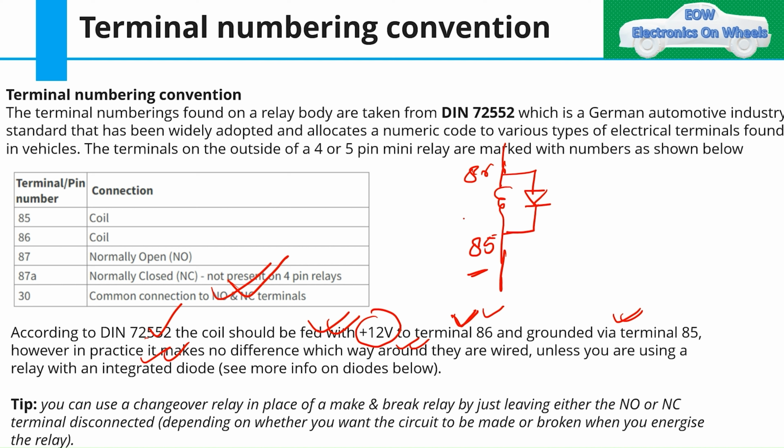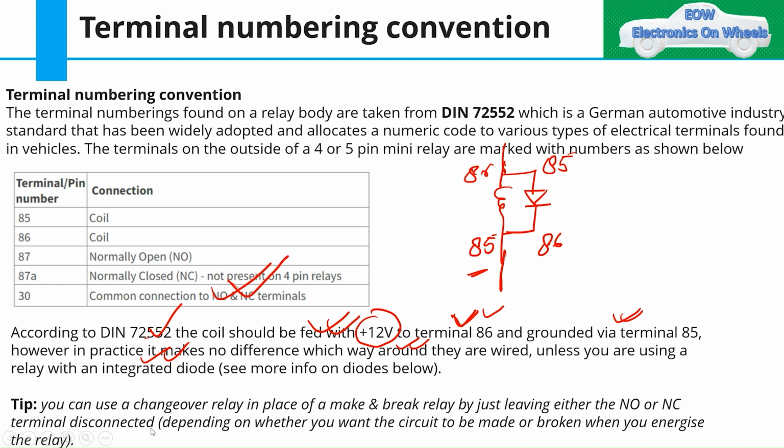But as of now, if you are using the relay without any diode, then you can use it any way. Either 85 you can keep on this side and 86 on this terminal. There is no difference. When it is integrated with a diode, then it matters, because you know forward bias and reverse bias. We will take some of these cases.